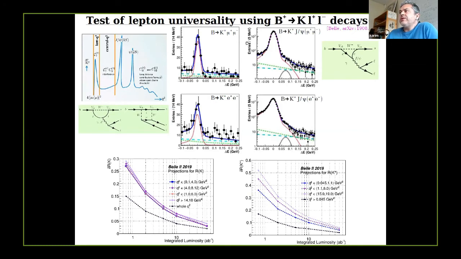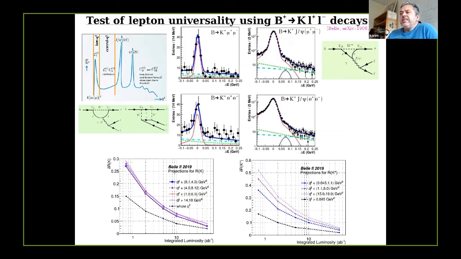And so this is a result from Belle. The disadvantage is obviously that you have much less statistics at this stage. But the advantage is that the resolution of KEE is much better than in the case of LHCb. So it's going to be a very important and crucial cross-check to confirm or not that there is a deviation.